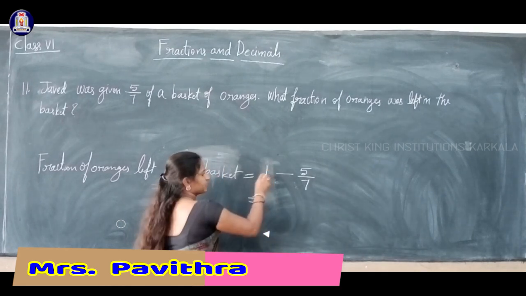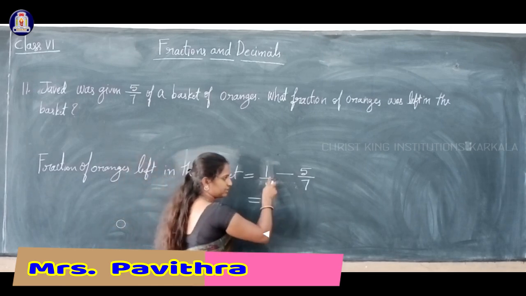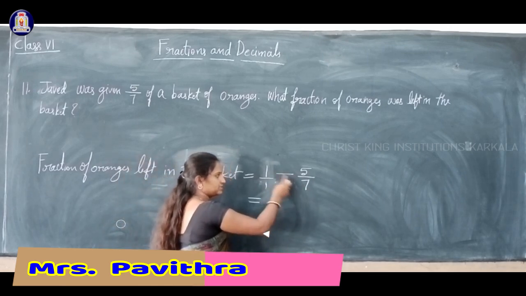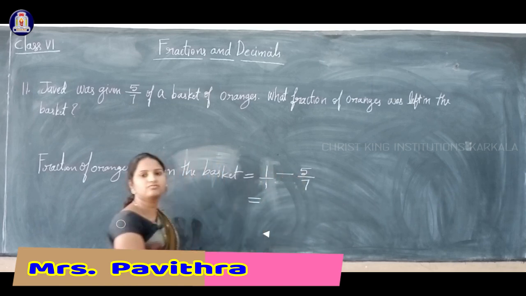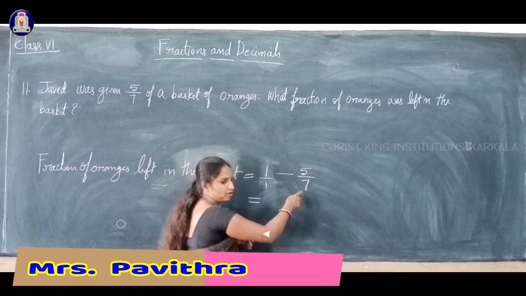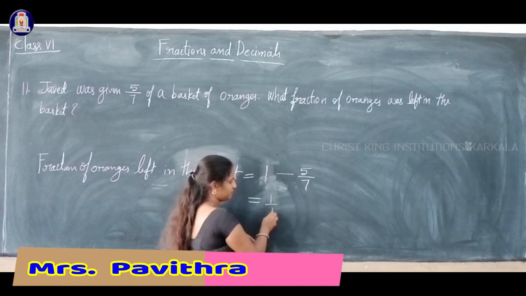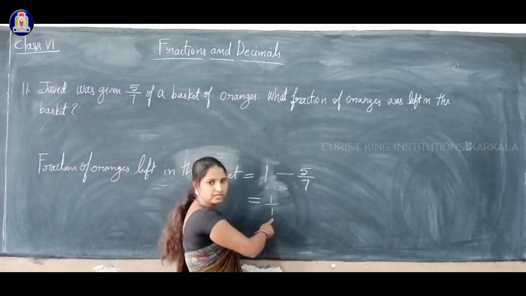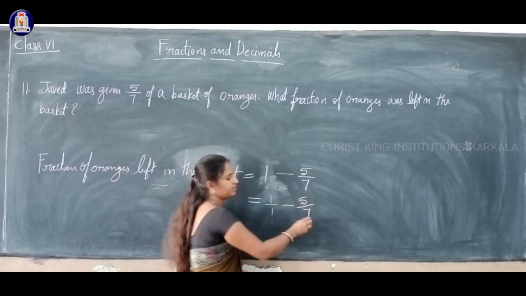Here, if you want, we can make the same denominator, or you can directly multiply like this: 7 1s are 7, 7 minus 5 divided by 7. You can write it directly, or else make the same denominator. Here 1 has no denominator, so I write 1 minus 5 by 7.